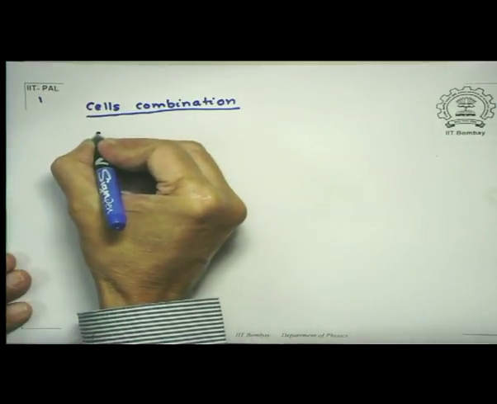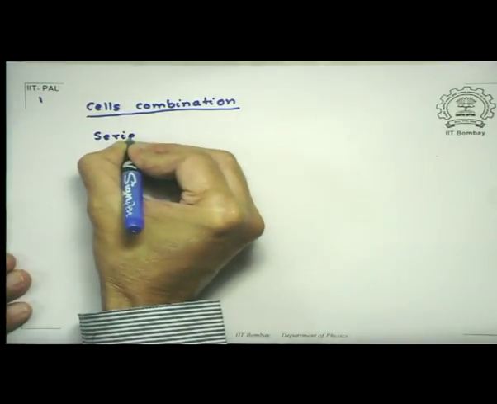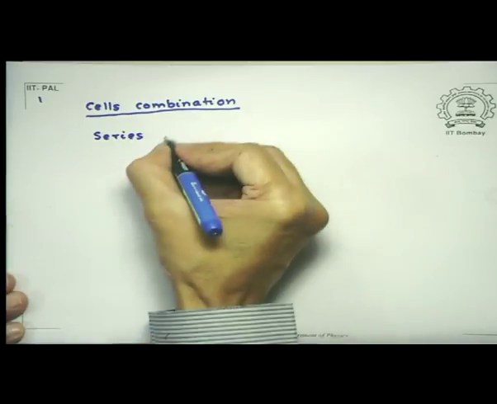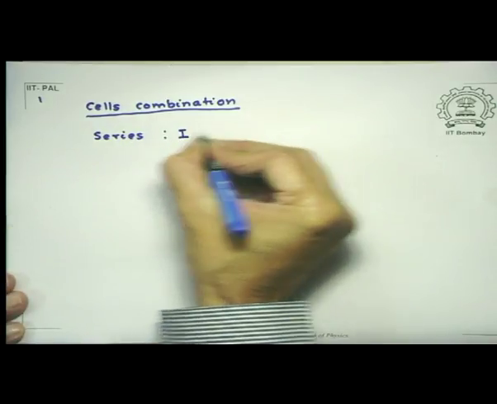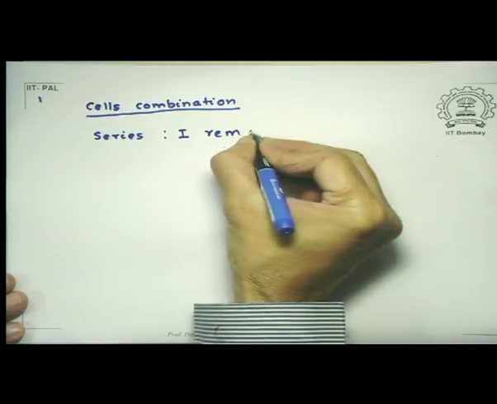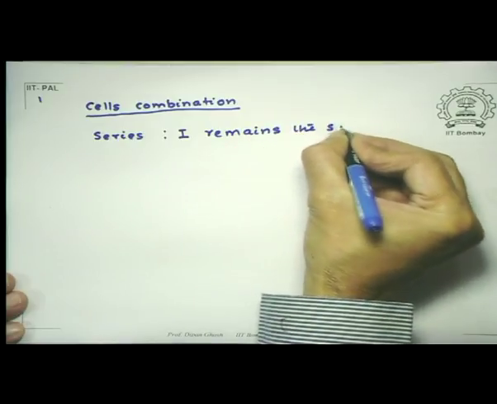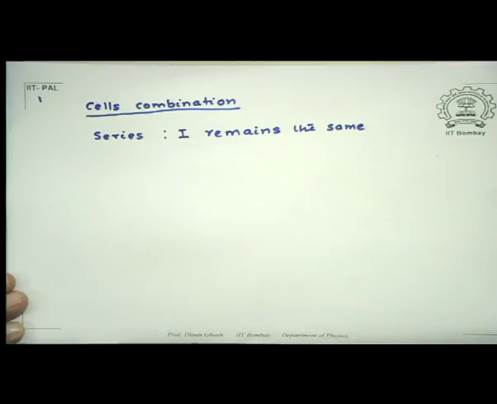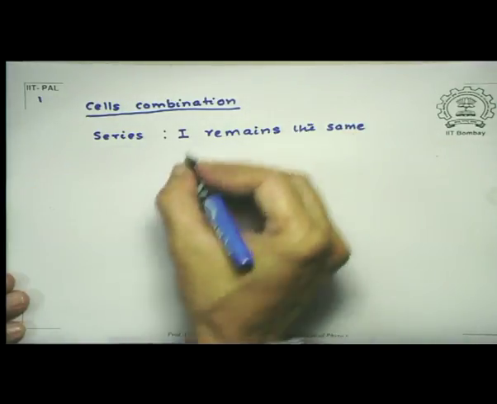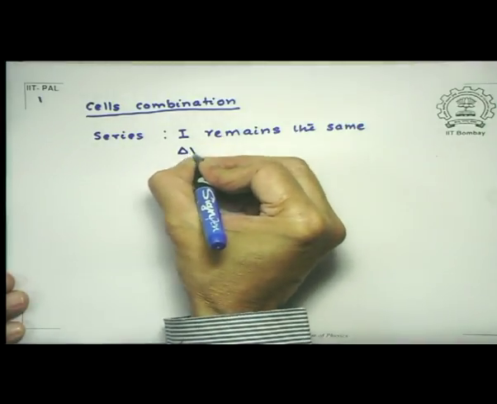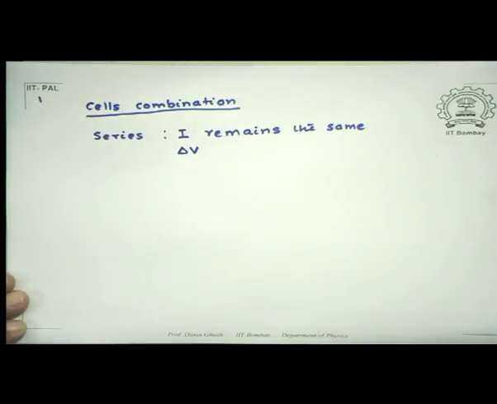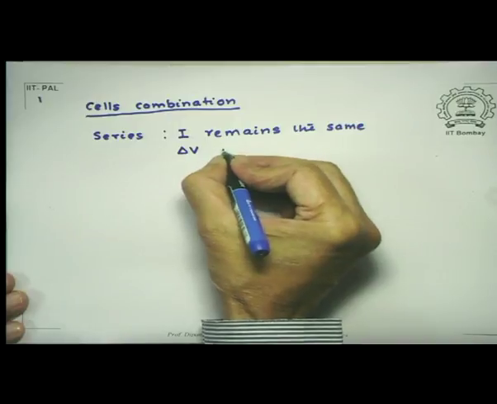In series combination, as is common, the I remains the same. And the delta V, that is the voltage across, differs.